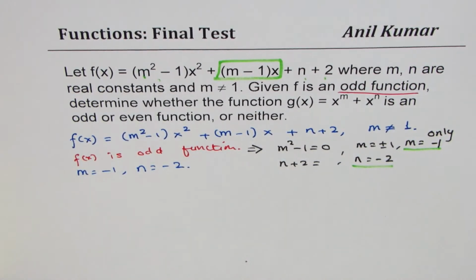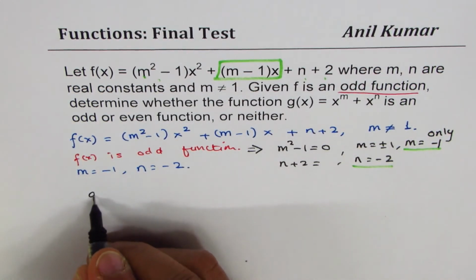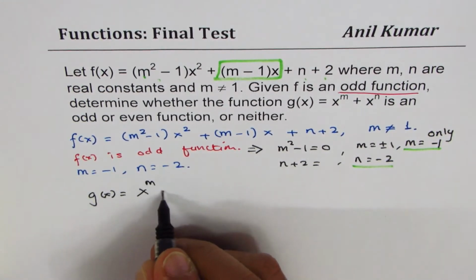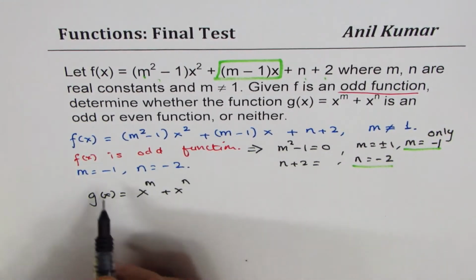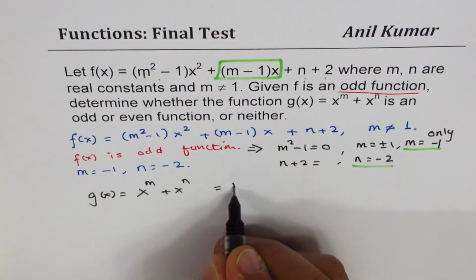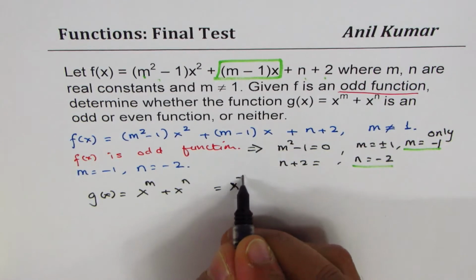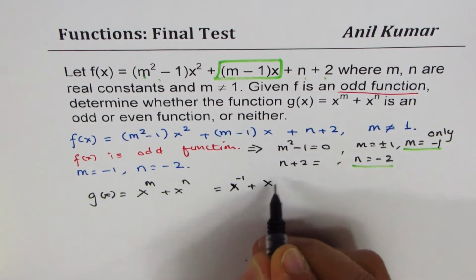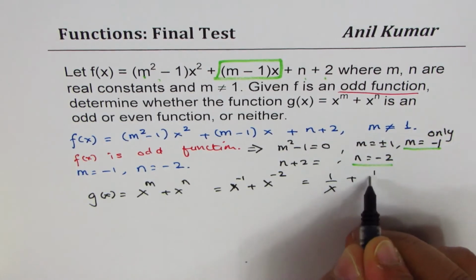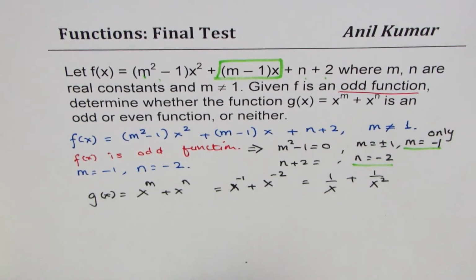Now let's look into the g of x function. G of x equals x to the power of m plus x to the power of n, and since m is minus 1, we could write this as x to the power of minus 1 plus x to the power of minus 2, and that is 1 over x plus 1 over x squared.